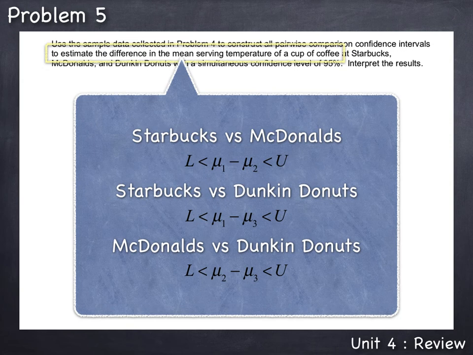The second confidence interval estimates mu1 minus mu3, which is the difference between the first population, Starbucks, and the third population, Dunkin' Donuts. And our third comparison confidence interval estimates the difference between mu2 and mu3. mu2 is the mean serving temperature at McDonald's, our second population, and mu3 is the mean serving temperature of coffee at the third population, Dunkin' Donuts.